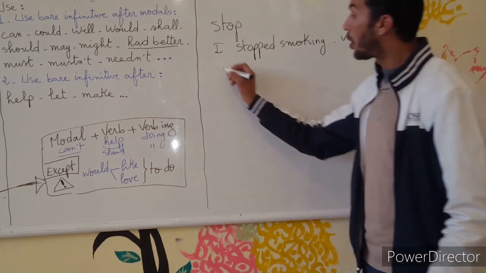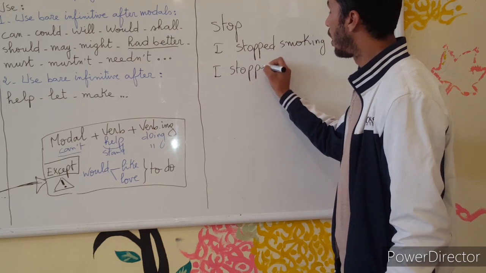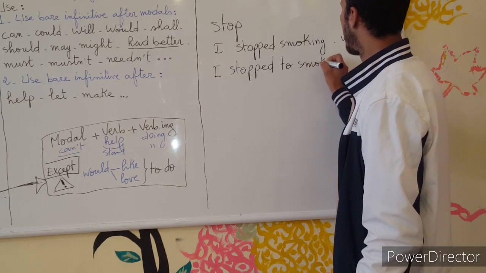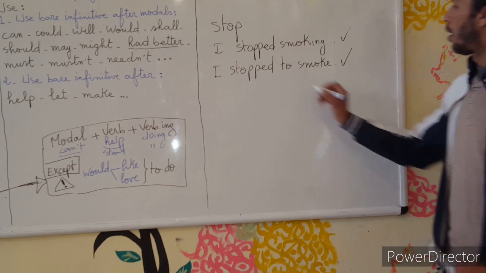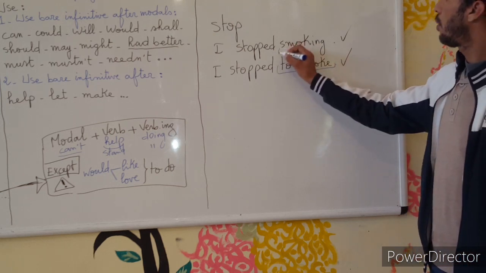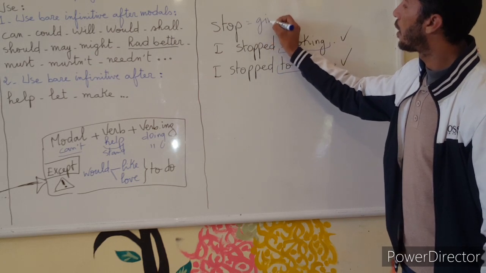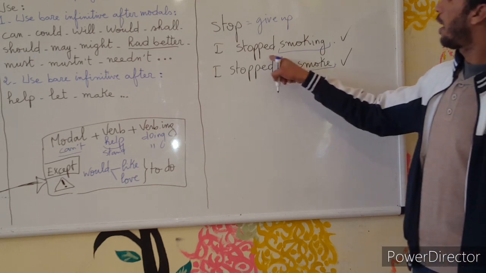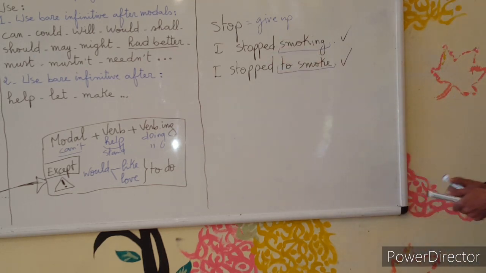But it's also correct to say, I stopped to smoke. So what to do now? Here we have the verb stop or a synonym, give up. I gave up smoking, or I gave up to smoke.